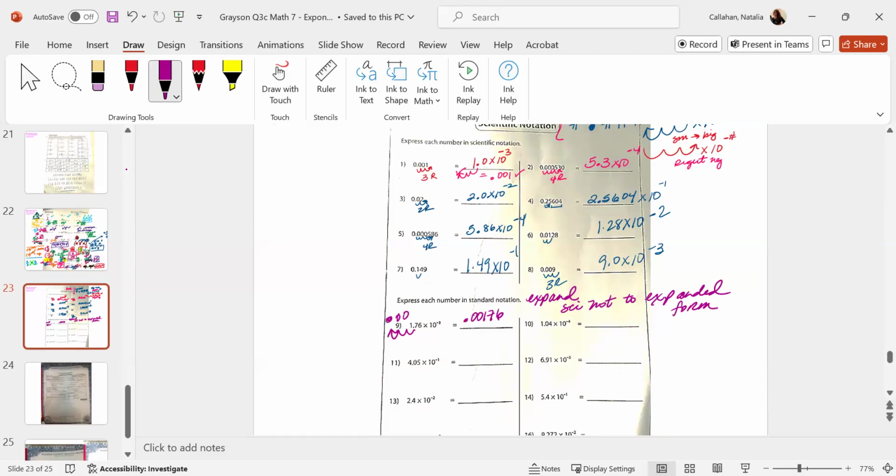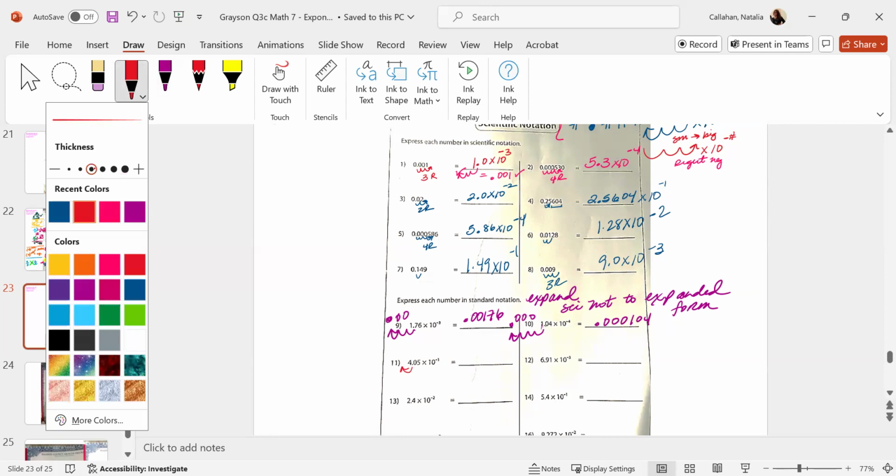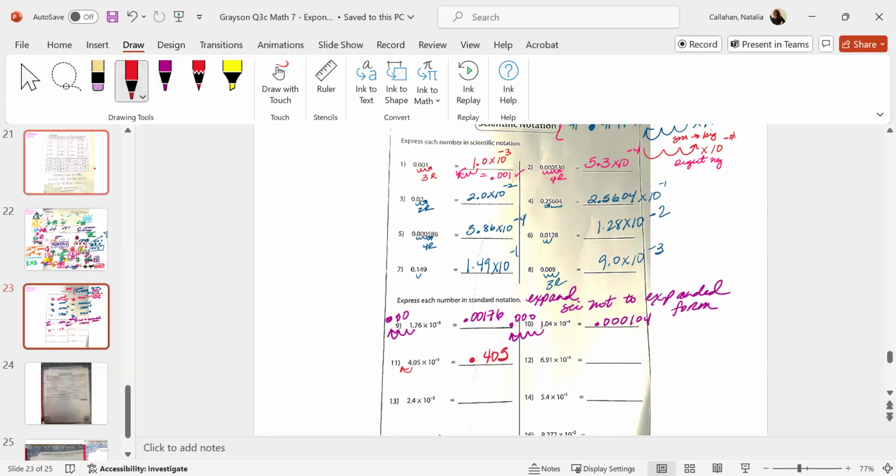Do you see that? Negative 4. 1, 2, 3, 4. Okay, that's your new dot. 1, 2, 3 zeros, right? Because the 1 takes up the other 0. 0.000104. Okay? Negative 1, you just go over to the left one. So that is going to be 0.405. 1, 2, 3.